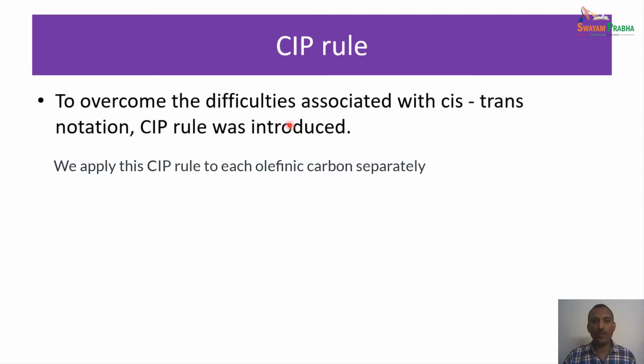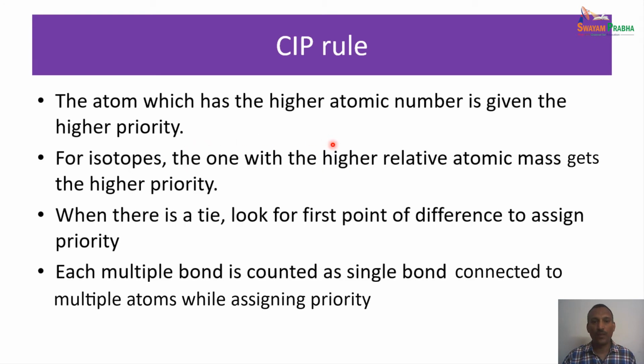So to overcome the difficulties associated with the cis trans isomers, the CIP rule, the Cahn Ingold Prelog rule, was introduced, and according to this rule, we have already seen in the RS nomenclature, the same priority group rules are applicable here also. The atom which has the highest atomic number is given the highest priority.